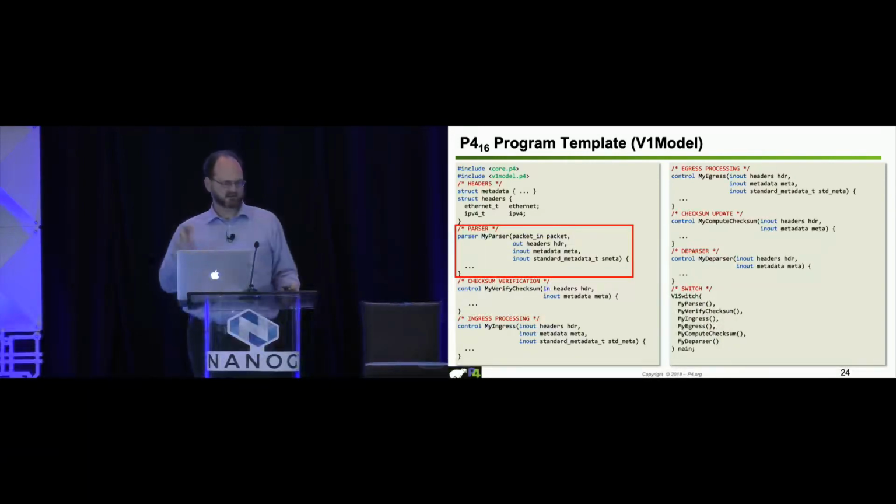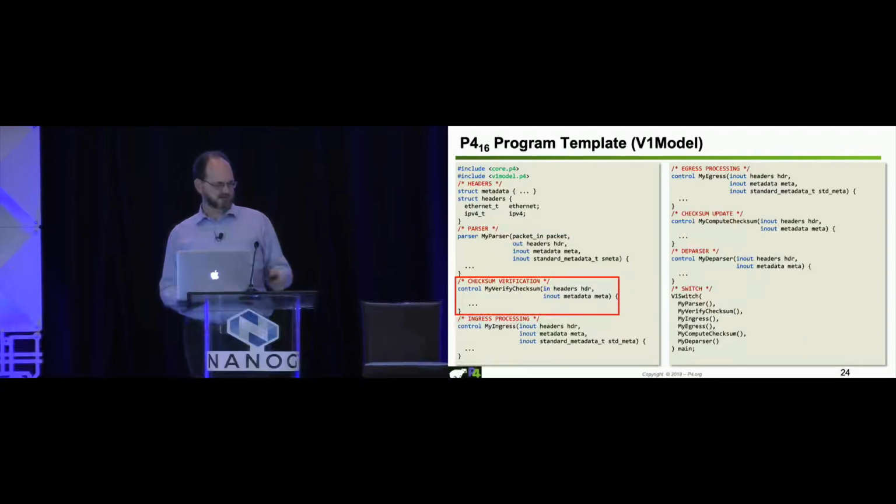That metadata struct, you can add or remove user-defined fields there all you want, but don't actually remove the metadata type, just what's inside of it. And then the standard metadata one is the one that I showed you that's predefined for this architecture. So don't change these parameters other than customizing the headers and the metadata types for your particular use case. Just leave the parameters of these things as they are.